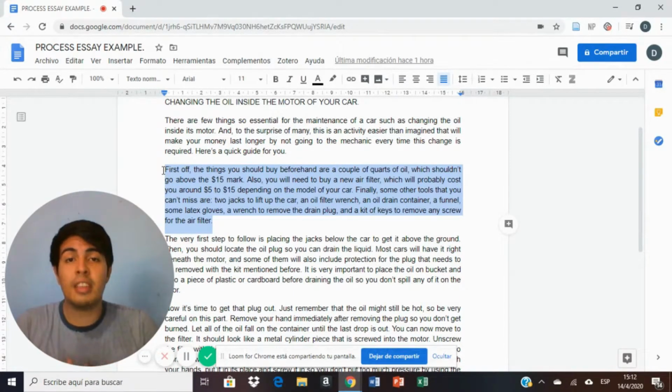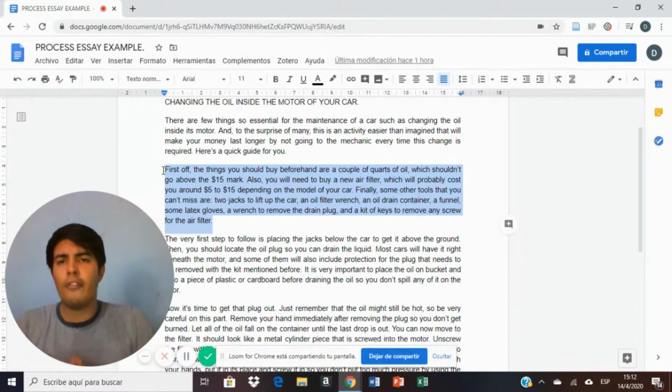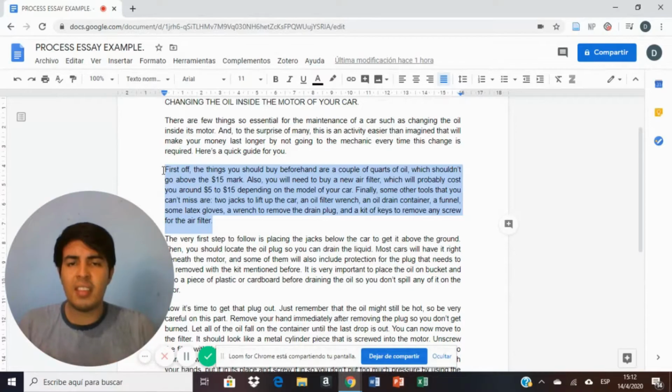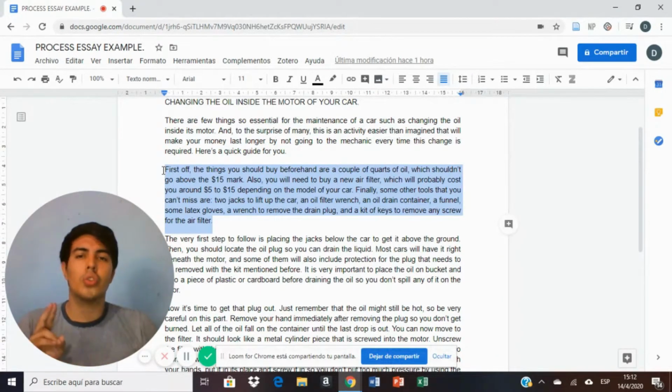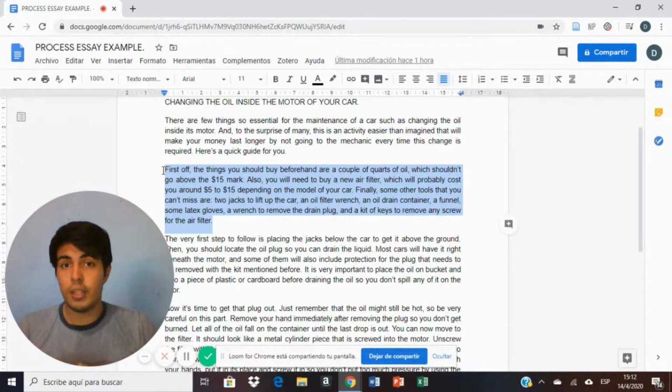Also, you will need to buy a new air filter, which will probably cost you around $5 to $15, depending on the model of your car. Finally, some other tools you can't miss are 2 jacks to lift up the car, an oil filter wrench, an oil drain container, a funnel, some latex gloves, a wrench to remove the draining plug, and a kit of keys to remove any screw for the air filter.